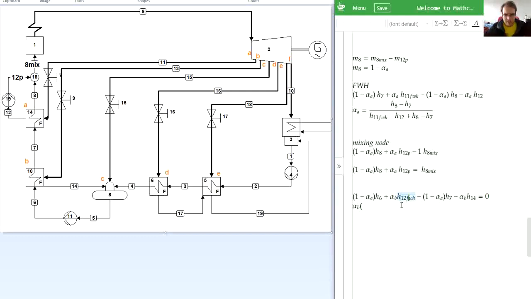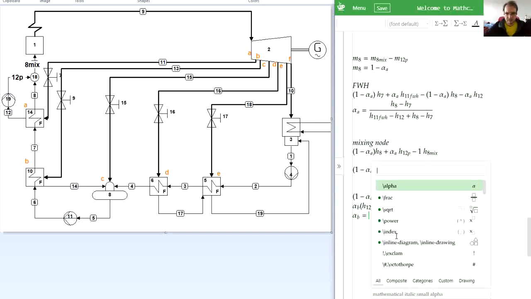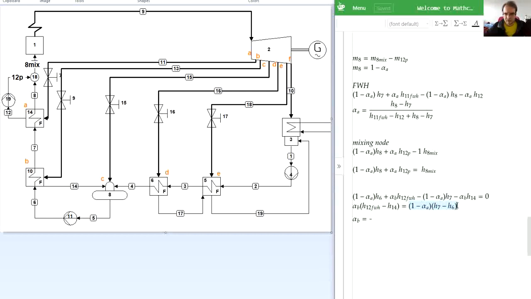So alpha B times H13 feedwater heater minus H14 equals 1 minus alpha A times H7 minus 1 minus alpha A times H6, meaning alpha B is a fraction where in the numerator we have this member and in the denominator this. So we got alpha B.